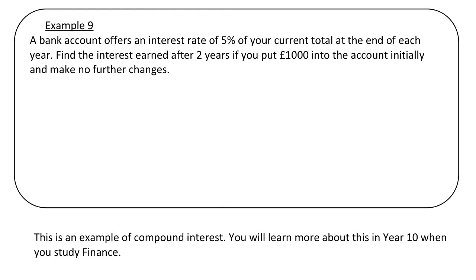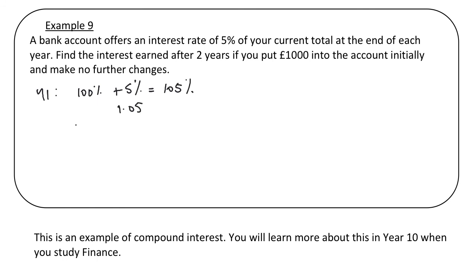A bank account offers an interest rate of 5% on your current total at the end of each year. Find the interest earned after 2 years if you put in £1,000 and make no further changes. Okay, so at year one, what we've got is 100% and we're adding on 5% interest. So that's 105%, which is 1.05.